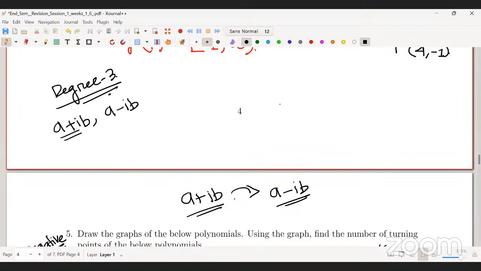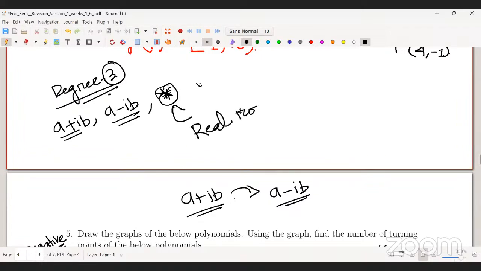If this is a root, then this has to be, and then you have something else. If this is also imaginary, then it should come with its conjugate, right? So if it comes with its conjugate, then certainly it can't be a degree 3 polynomial. It has to be a degree 4 polynomial. So the third one has to be real.